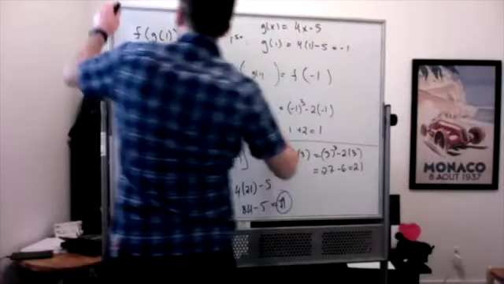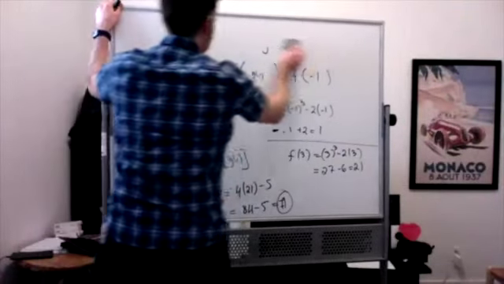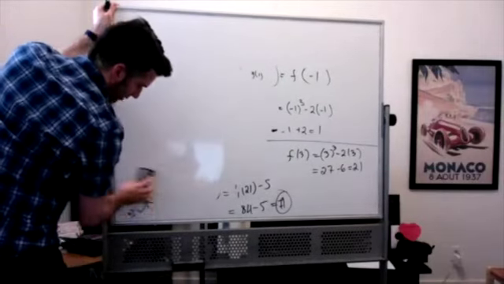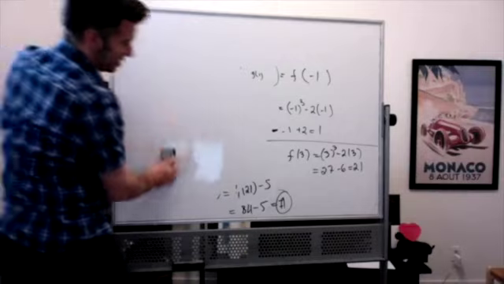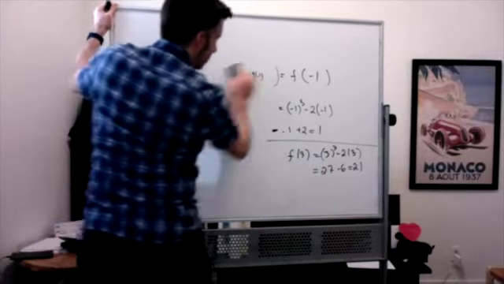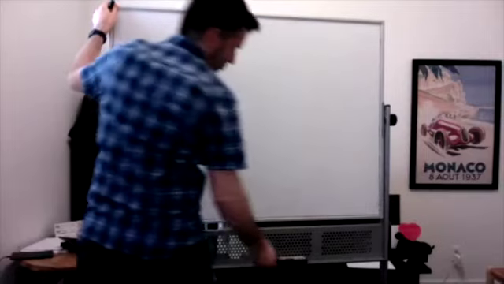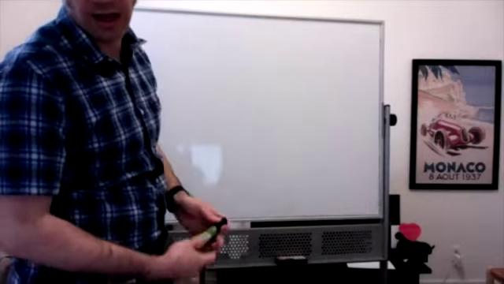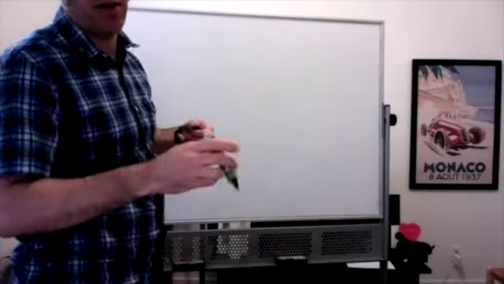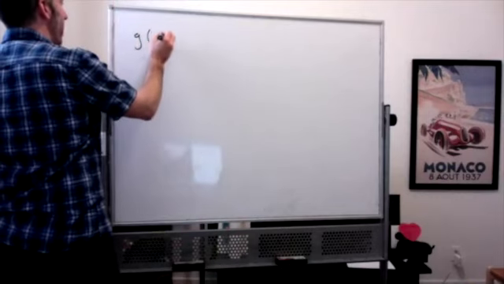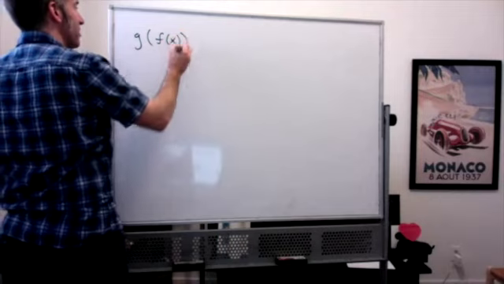But sometimes, like when we did f of negative x and g of negative x, we want to evaluate a function at a place that's not just a number. So we can totally find g of f of 3 and get 79, or g of f of 2 and get 11. But I also might ask, what's g of f of x?